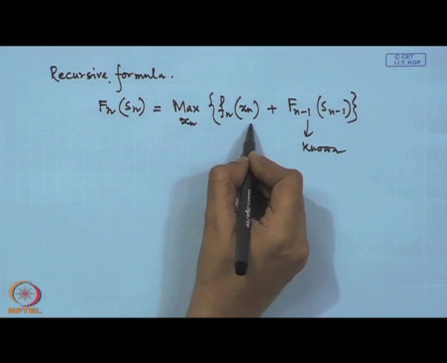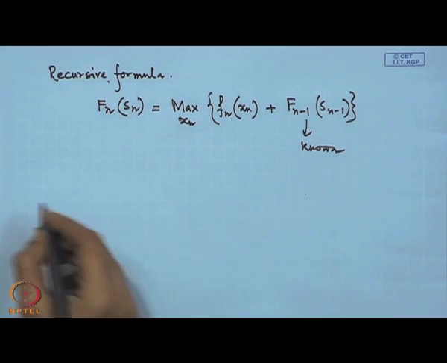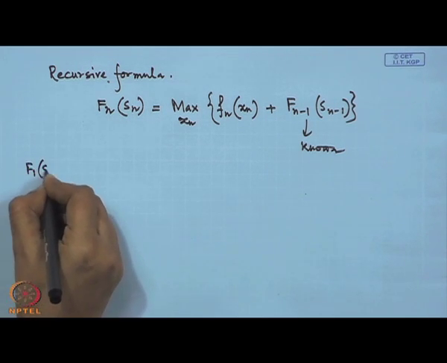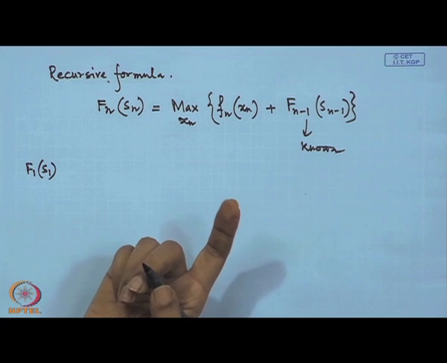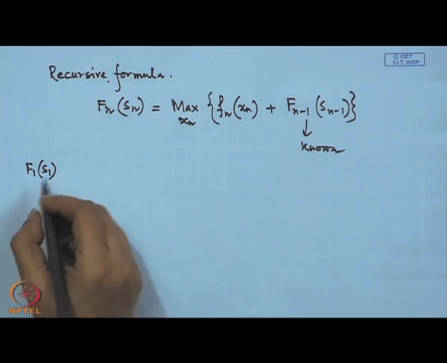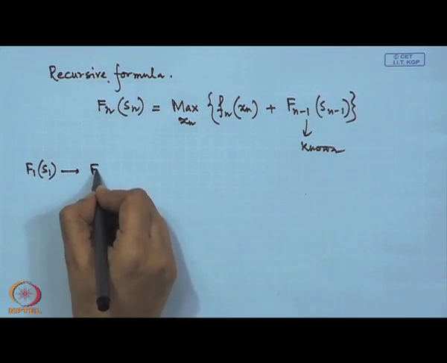That is why these are the only variables for us, and we can construct very easily starting from f1 s1. f1 s1 is very easy to select because it contains only one variable. Once we know it, we will move to f2 s2.